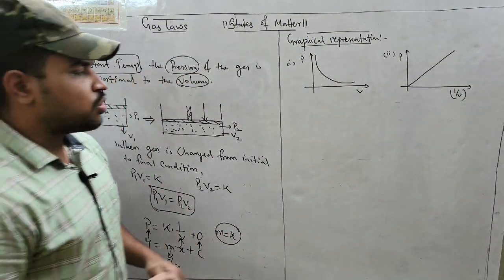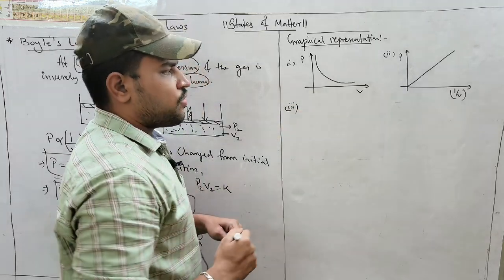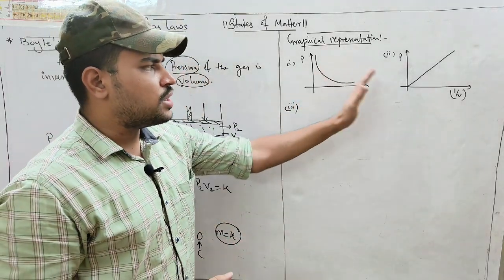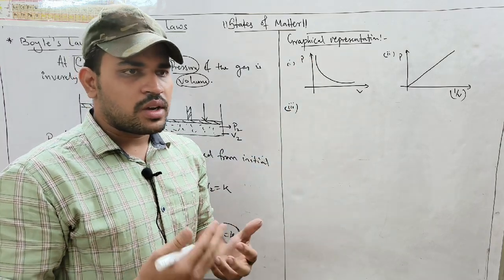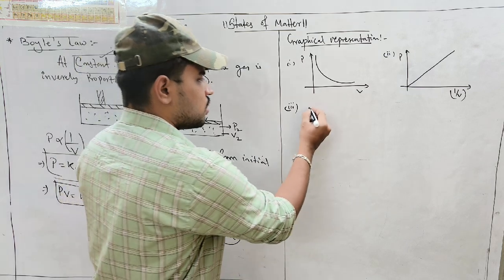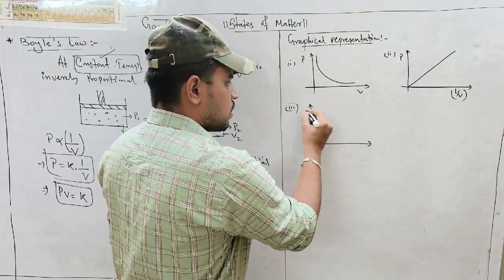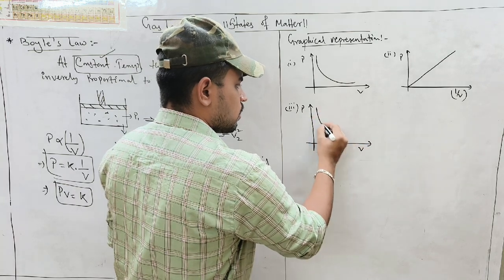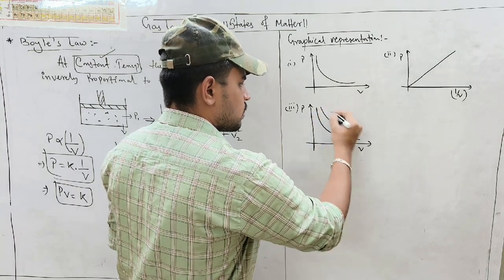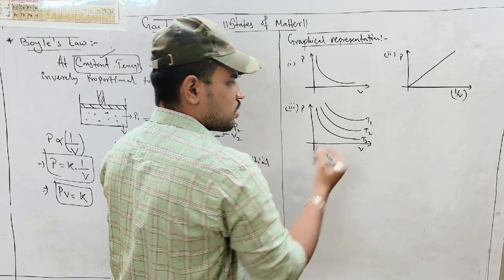And the next graph we are going to do: if the same graphs are made at different temperatures, pressure and volume, the graphs will be like this. Let's take this as T1 temperature, this as T2 temperature, and this as T3 temperature.